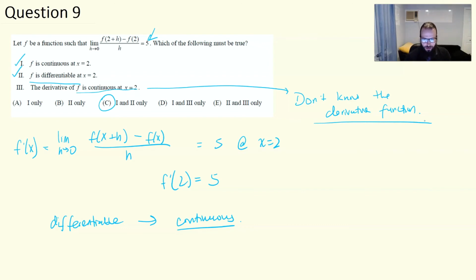So just because a function is differentiable doesn't mean that the derivative has to be continuous at that point. It does mean that f of x is continuous at that point. But it does not necessarily mean that f prime of x has to be continuous as well. So the answer is choice C. We don't know whether 3 is true, but we certainly know that 1 and 2 must be true in that scenario.